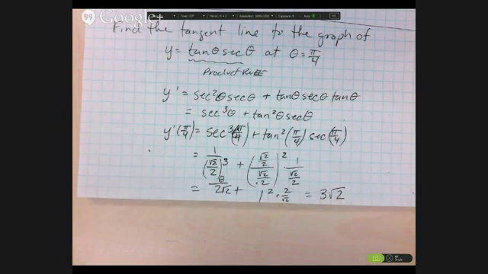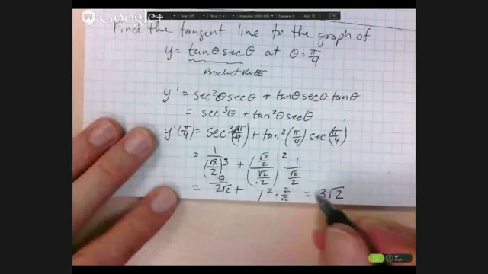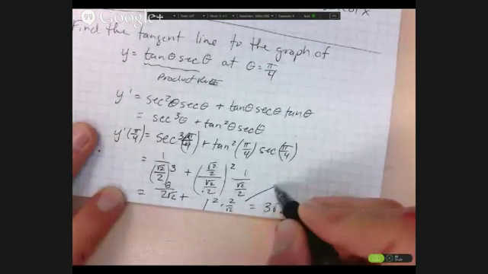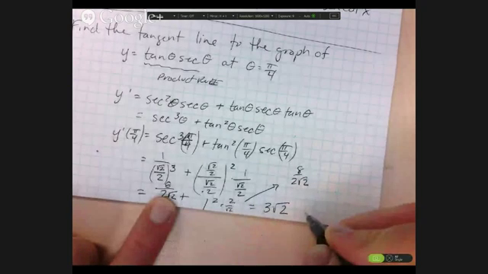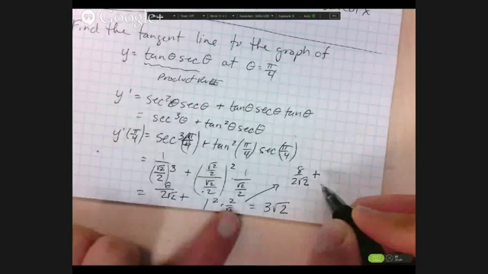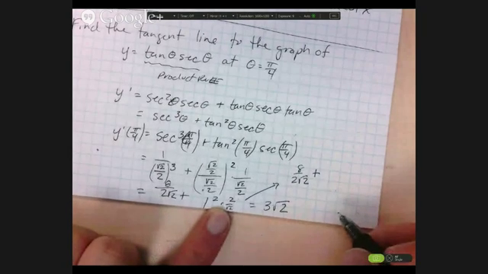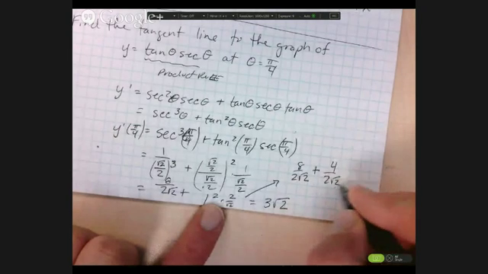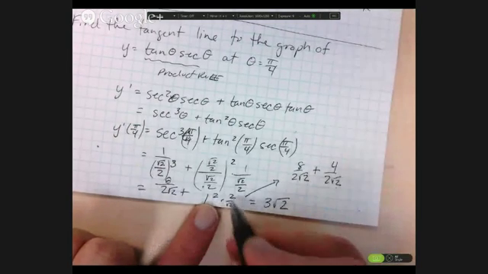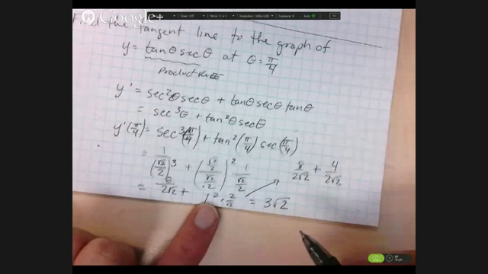You want me to show you that? Okay, 8 over 2 root 2, plus, then we need a common denominator, so it ends up 4 over 2 root 2, because if you multiply top and bottom by 2, you remember your 4th grade fractions?